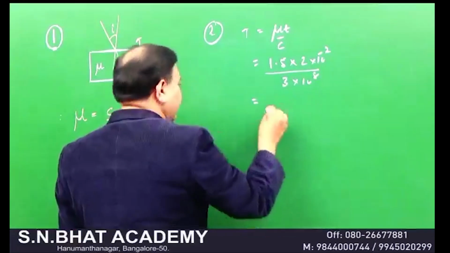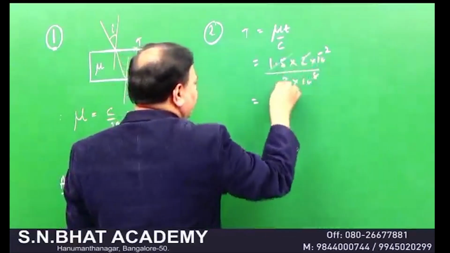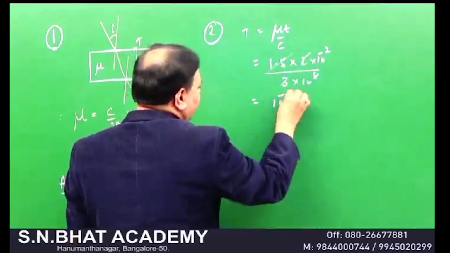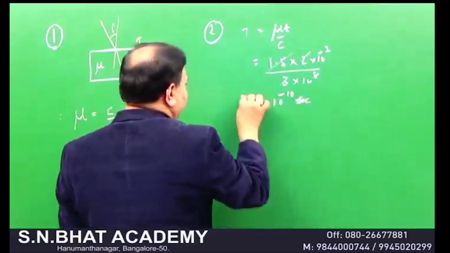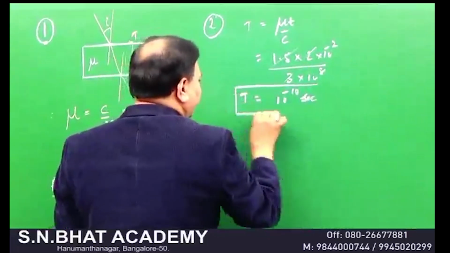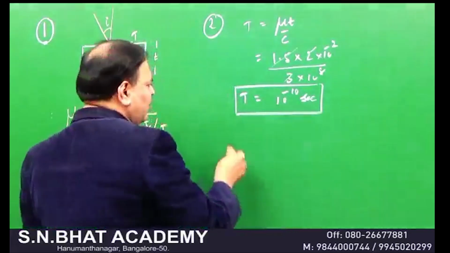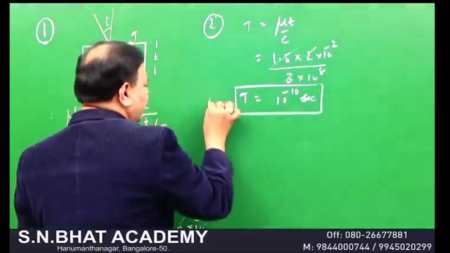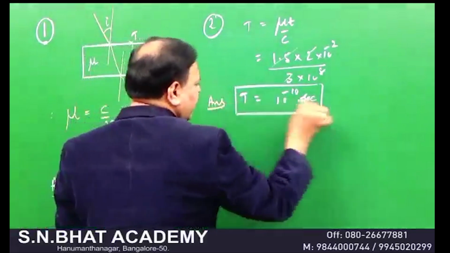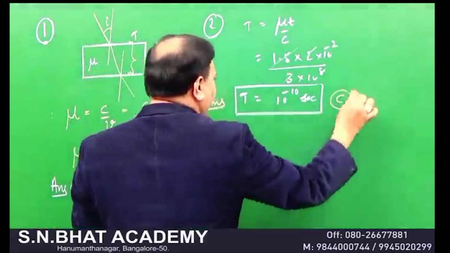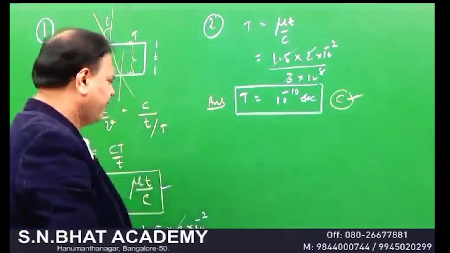Same thing which I solved there: these two get cancelled and it is 10 to the power of minus 10 seconds. That's all. So you must be in a position to answer these questions. The answer is C. So very important thing, these are all.